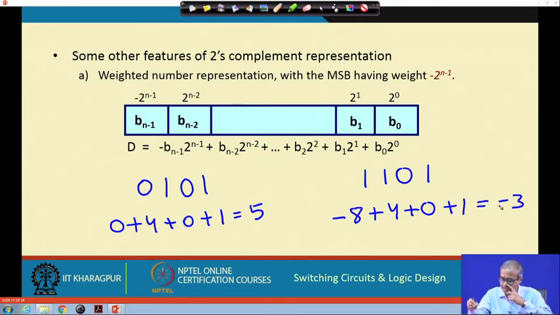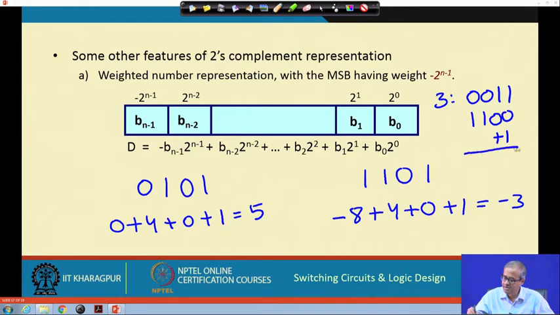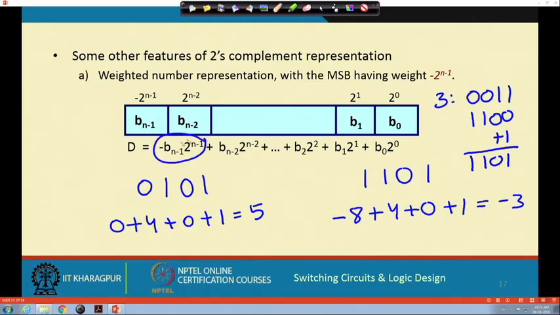You can check: minus 3, you take plus 3 which is 0011, take the 1's complement, add 1, it becomes 1101, the same 1101. So, this is a very quick way of finding out the value of a 2's complement number. You again follow that weighted sum principle, only for the MSB the weight is negative, this is the only difference.